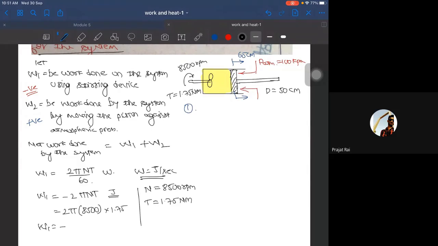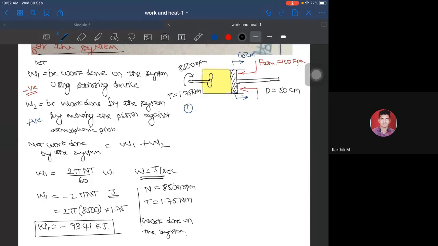You have to take the value as negative because it is work done on the system. 93.41 something kilo joules. Write it neatly. So this is your work done number one.